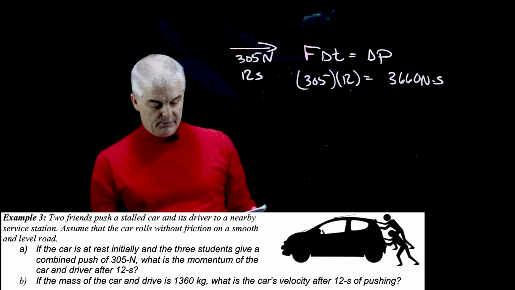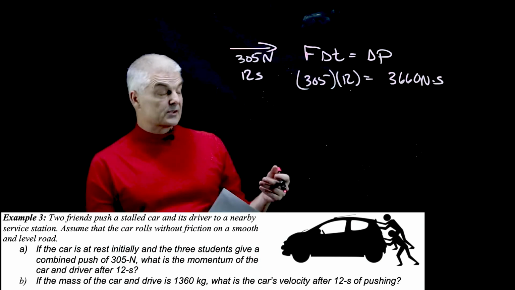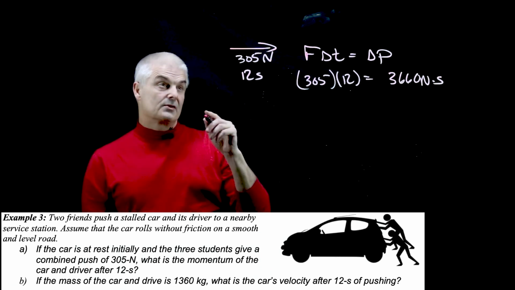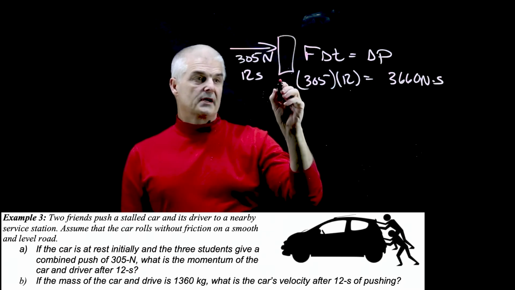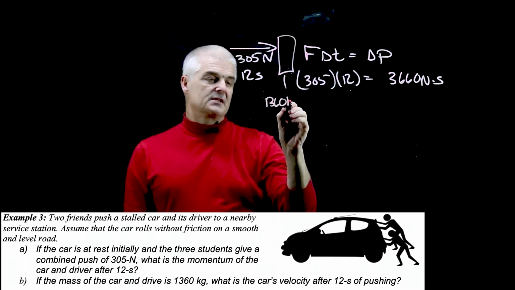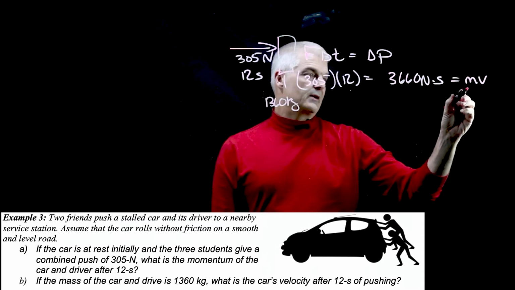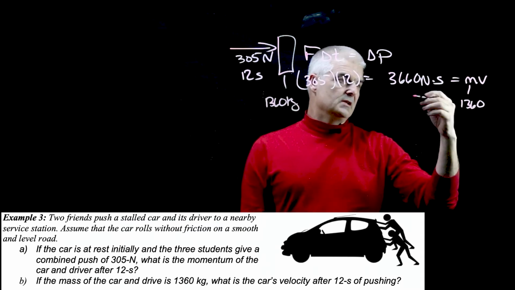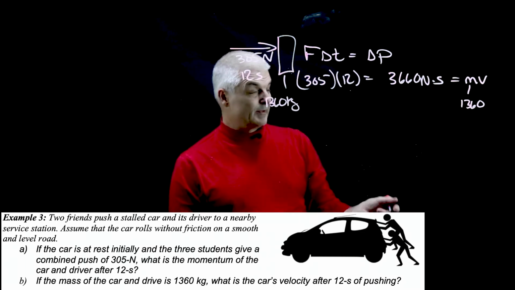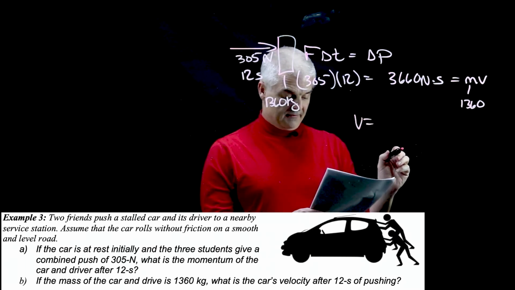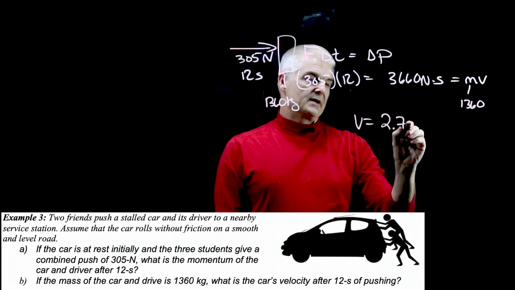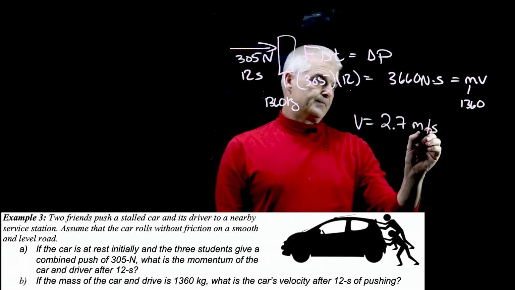But then if you look at part B, if the mass of the car and the driver is 1360, so the car that we're pushing has a mass of 1,360 kilograms, we can then set this equal to mv, where now m is 1,360. We then do a little math that you can solve for that, and we get a final velocity of 2.7 meters per second.